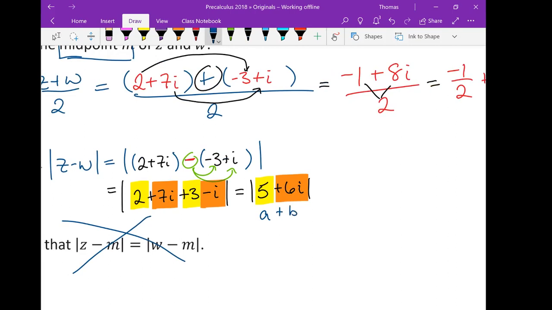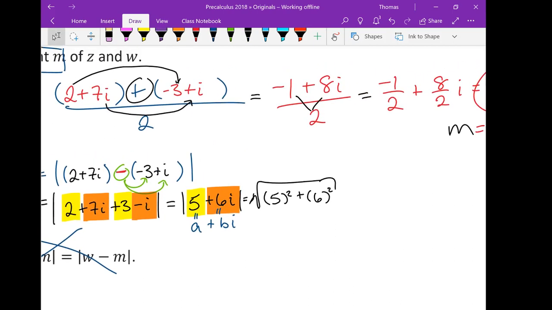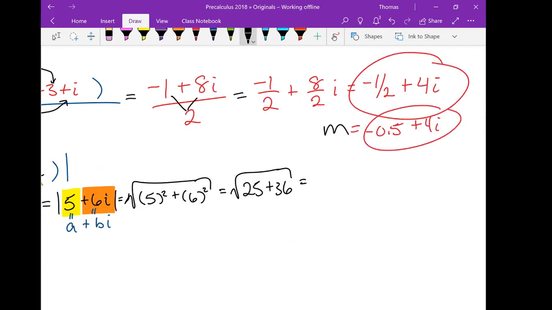Here our a is going to be 5, and our b is going to be positive 6. So we'll use our formula, equals the square root of a squared plus b squared, which is 5 squared plus 6 squared. It's going to be 25 plus 36, which is 61.